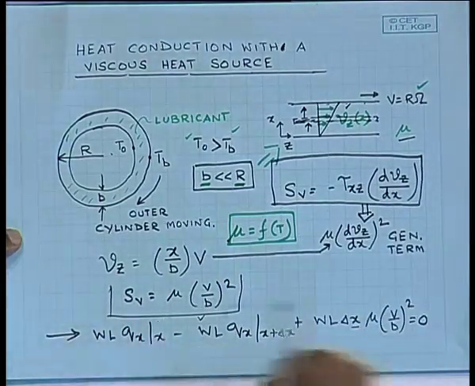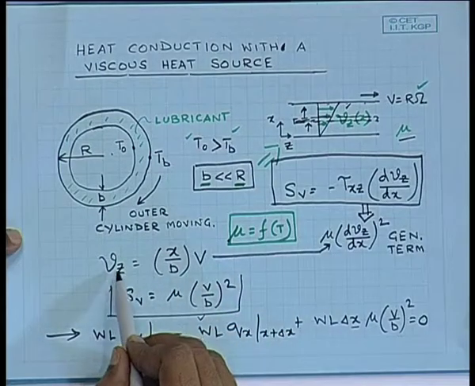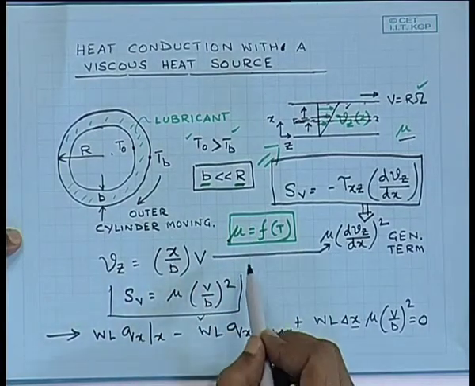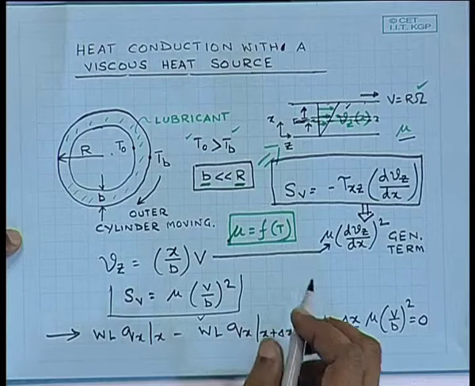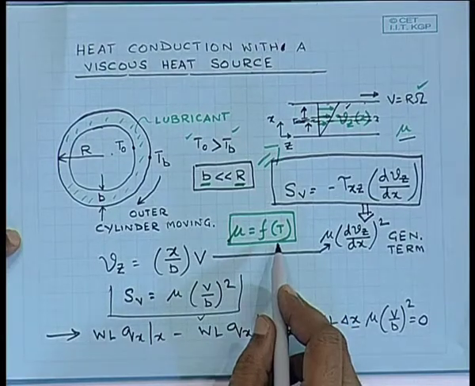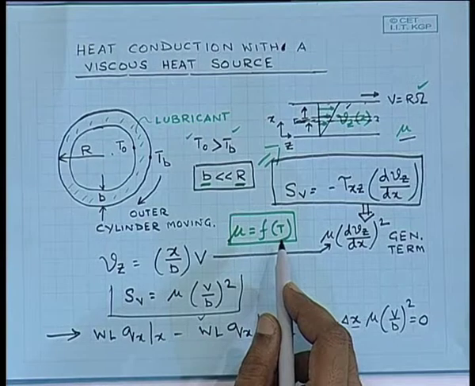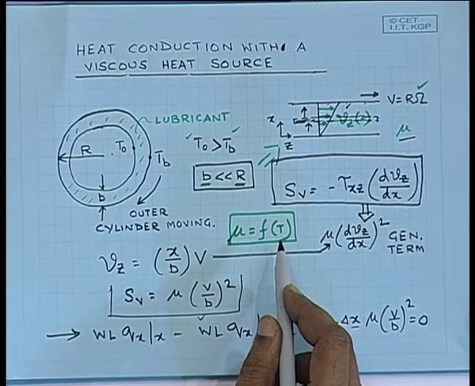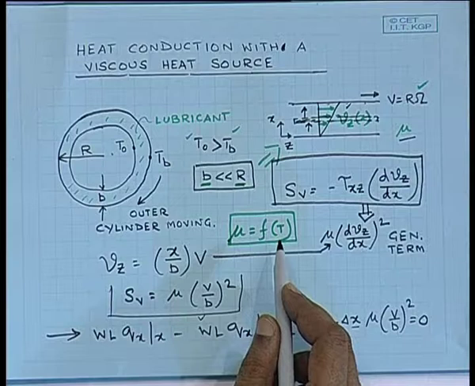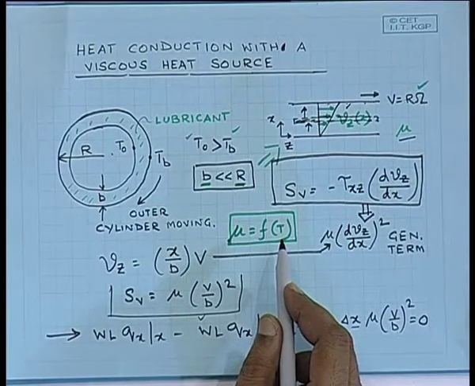Here what we are saying is that velocity is of this form. If I assume that my mu is a function of temperature, then no longer would I be able to solve the hydrodynamic part of the problem without knowing the temperature at a location and the value of mu at that point.